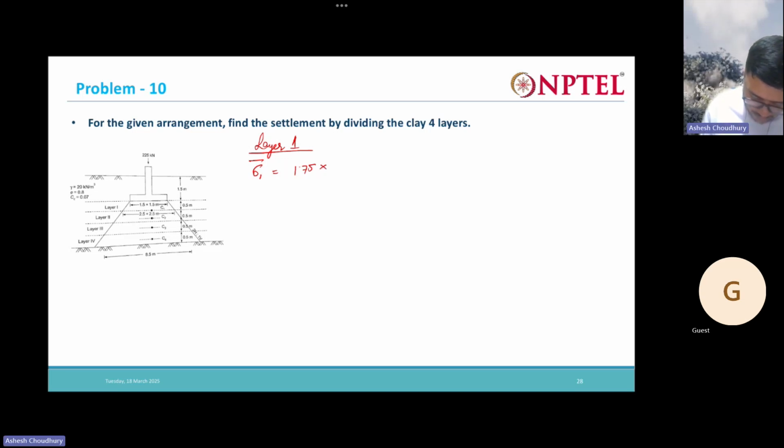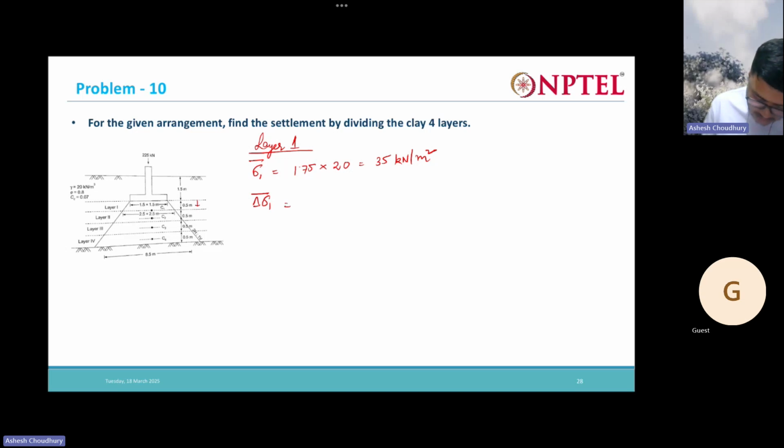Okay, 1.5 plus 0.25, I am getting from here, it is 0.25. So 1.75 times how much? 20, it's given 20. It's 35. Now what is the increase?